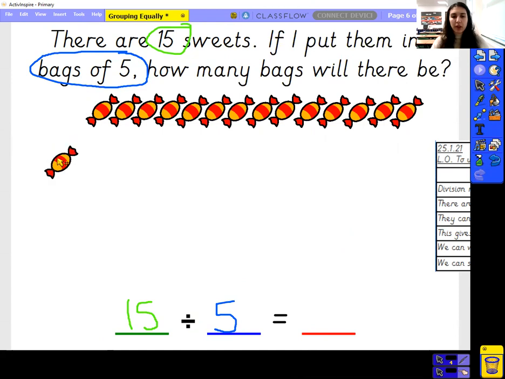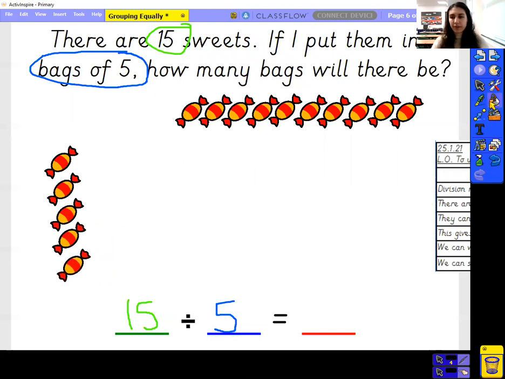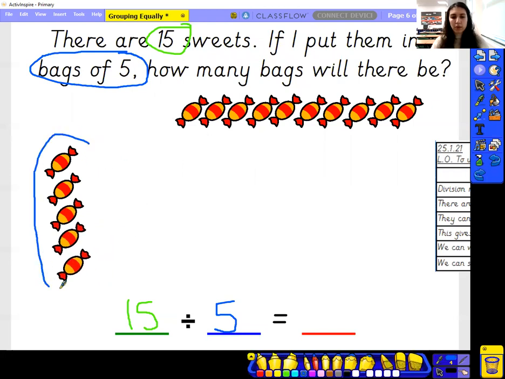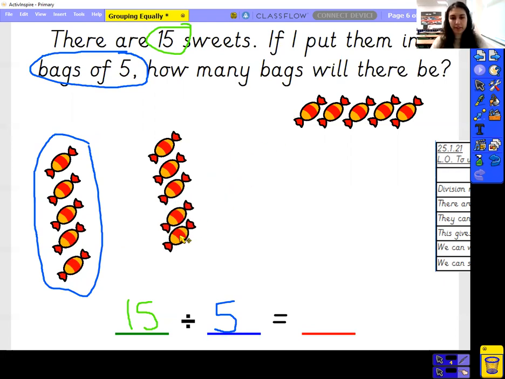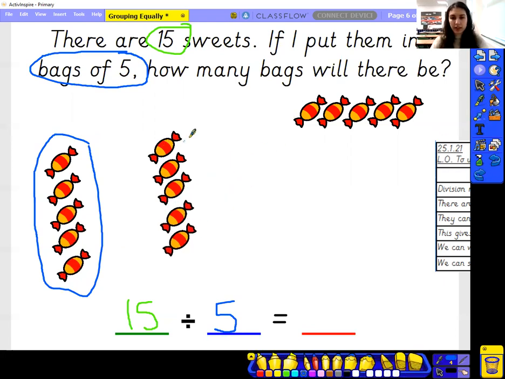Well, let's work it out. 1, 2, 3, 4, 5. There we go. So I've got 1 bag of 5. Now I need to make another bag of 5. 2, 3, 4, 5. So now I've got 2 bags of 5 is 10.